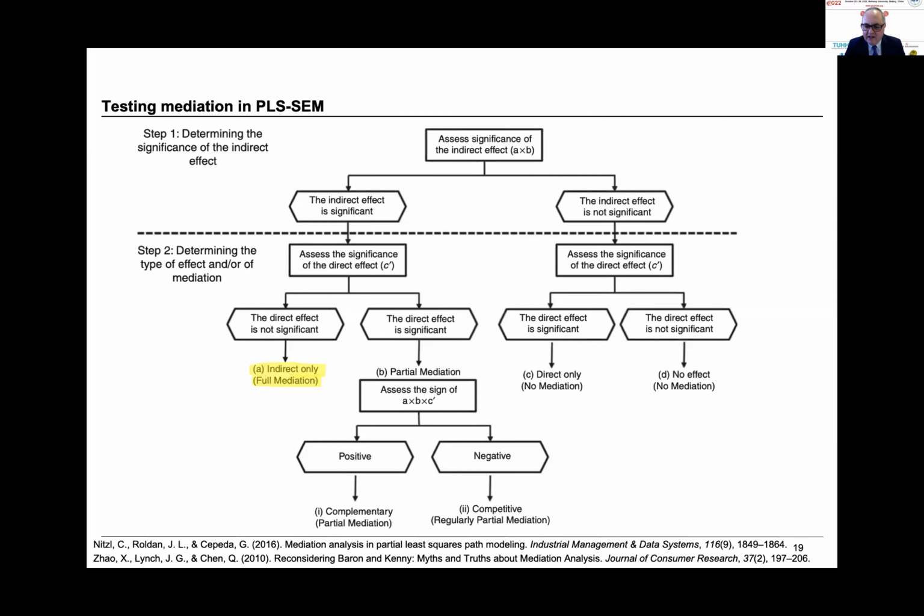I focus on the second point, that's to say, sequential ignorability, meaning the effect of X on M and X on Y, as well as the effect of M on Y, are not confounded by omitted variables. We thus provide the following recommendation. First, use past theory or logic to support positive causal mediation relationships, as we have previously defended.